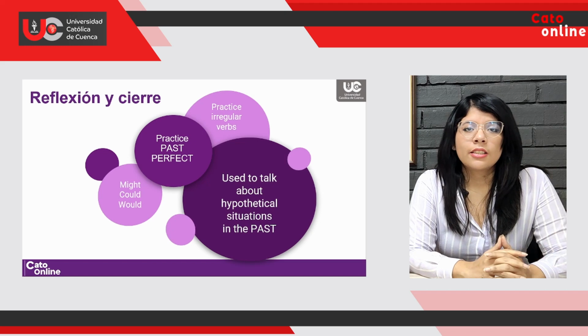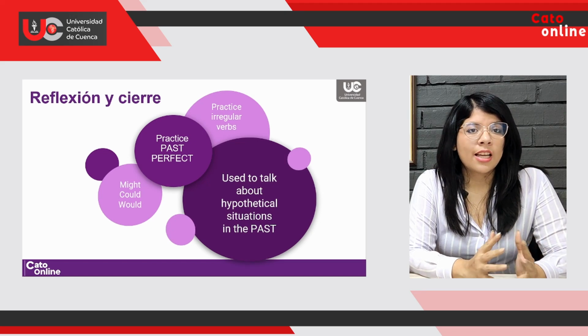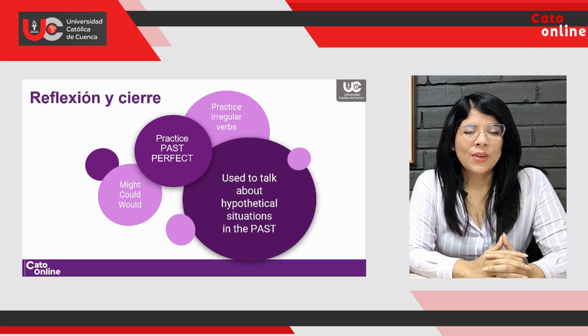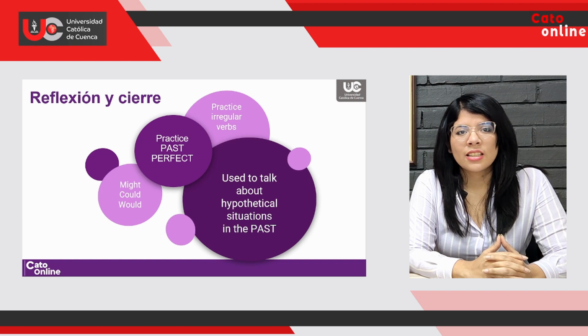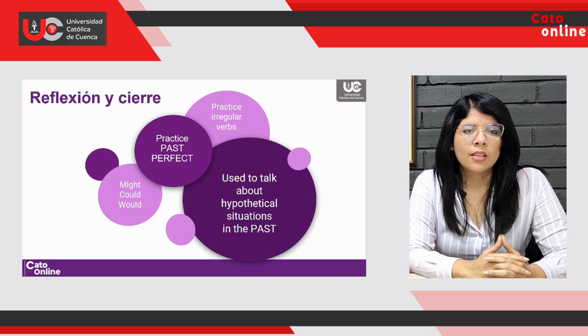Remember, this is a tense that we use when we want to think or imagine that something different happened, maybe when we're not happy with the result, or we just want to think of other possibilities or alternatives. Okay? These are always going to be hypothetical or imaginary because they are all related to the past and events that already happened.